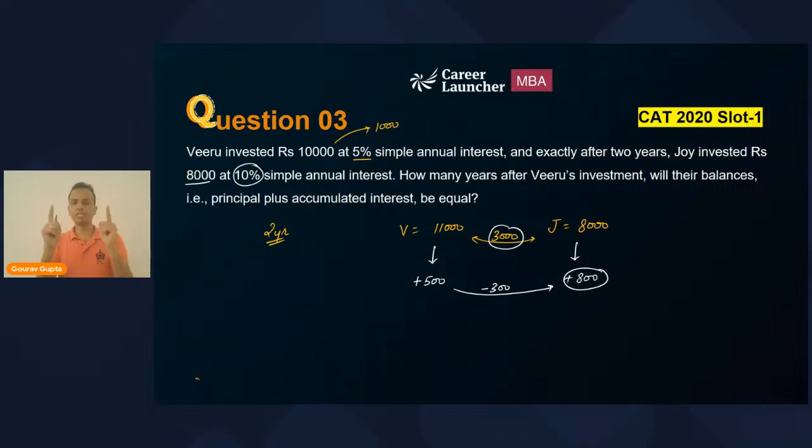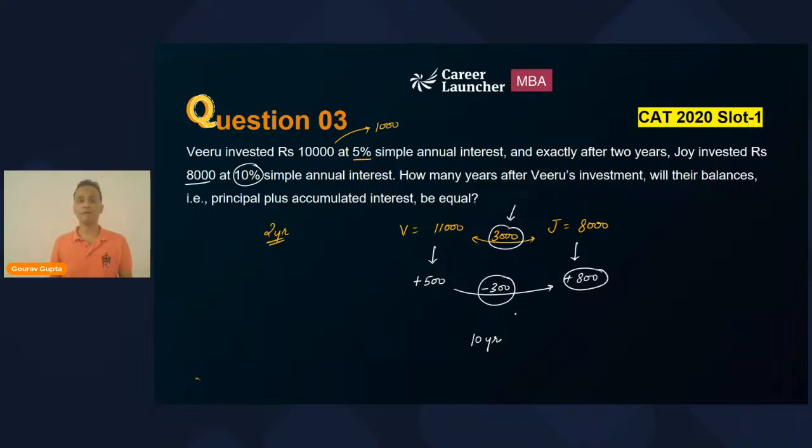Initially the difference is 3000, and every year, since the increase in Joy's is more than the increase in Viru's, this difference will keep reducing at a rate of 300 rupees per year. So it will take 10 years for this difference to become zero. After 10 years, this difference will become zero.